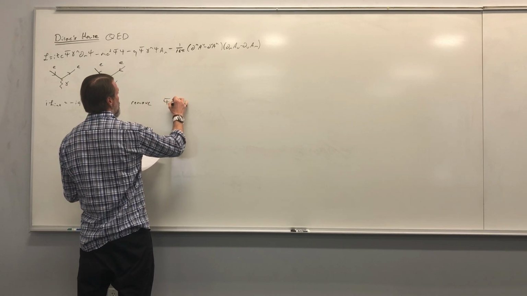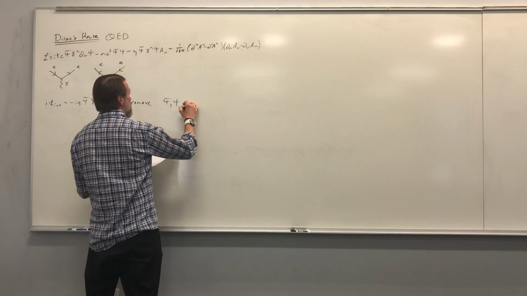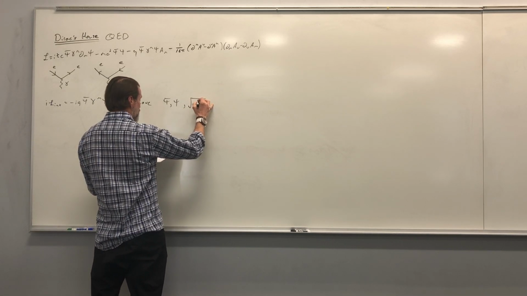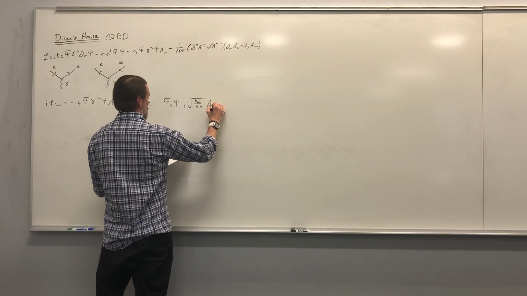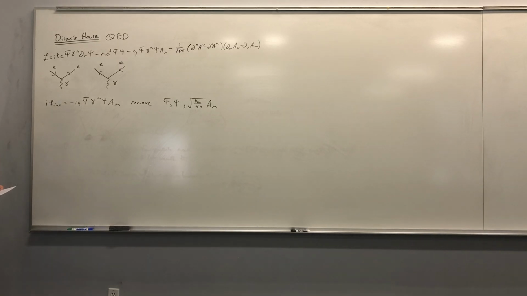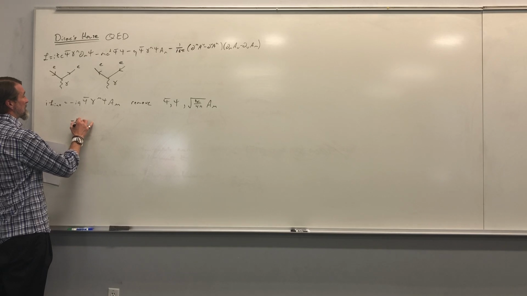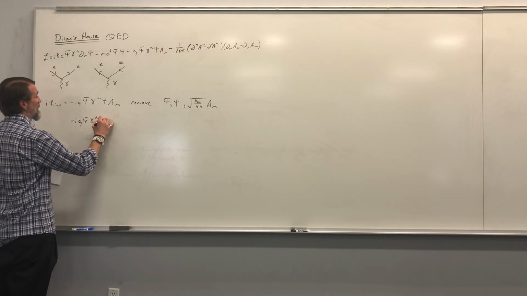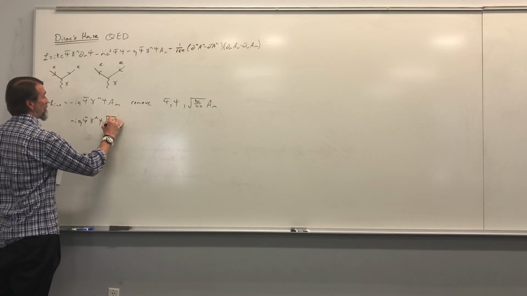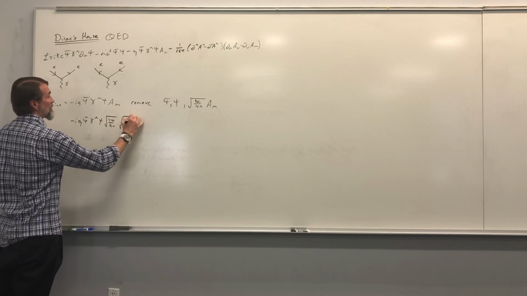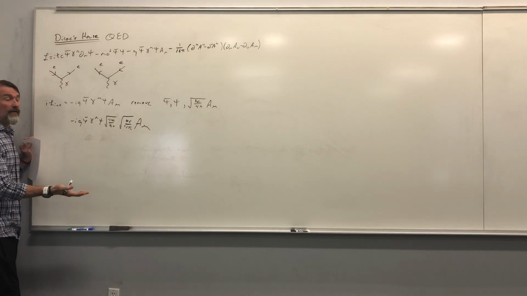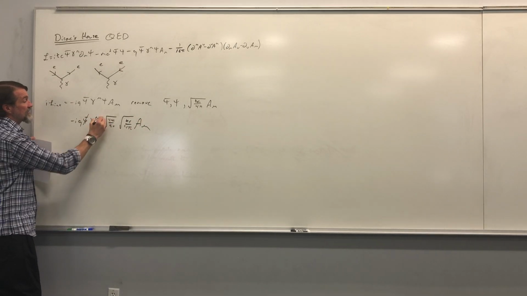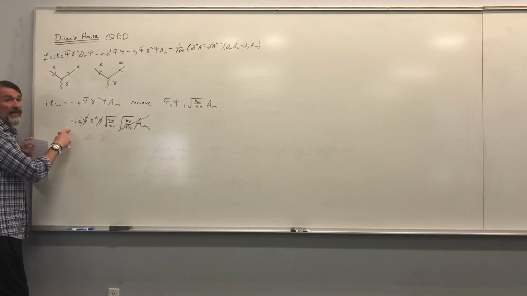We remove psi bar and psi, those are straightforward, but then for A we remove a coefficient square root of h bar c over 4 pi times A. You can do that because we can write this as minus i q psi bar gamma mu psi, square root 4 pi over h bar c, square root h bar c over 4 pi, A. That's just a factor of 1. And now I'm going to eliminate this, this, and this. This is what I'm going to be left with.